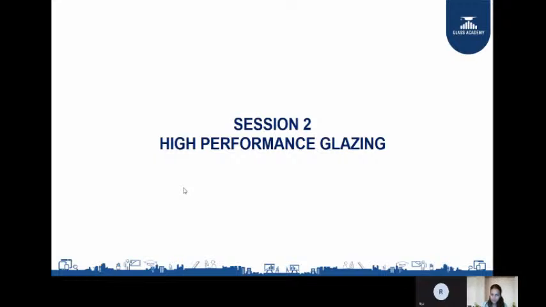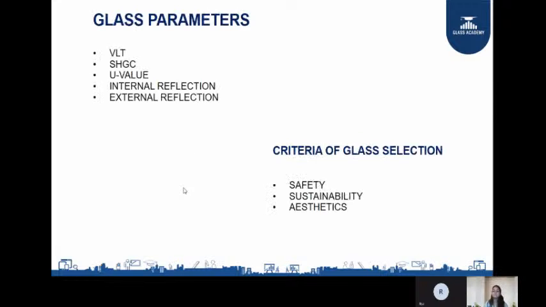Then one more interior application is mirror. Glass is also used in the mirror. Then we have the shower cubicle. You can also use glass in the shower cubicles. Again, one more interior application is kitchen shutter. You can also use glass in the kitchen shutter.